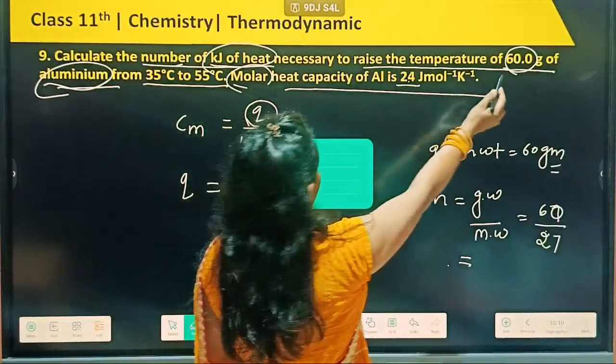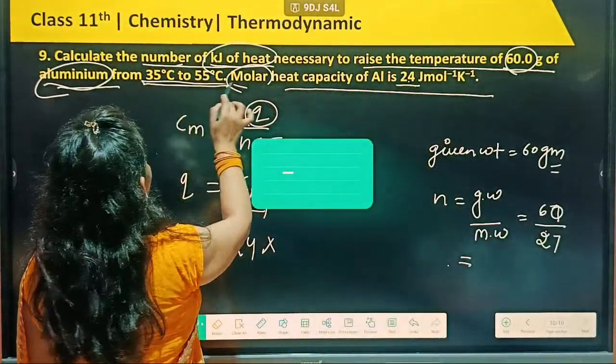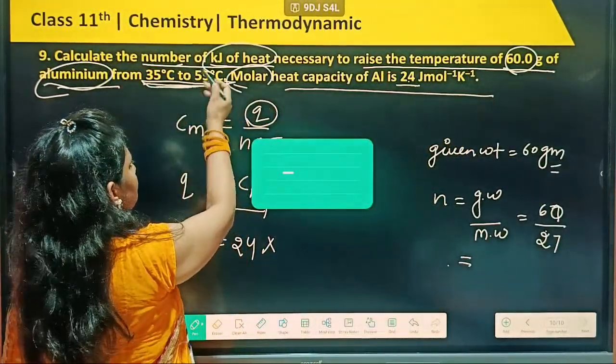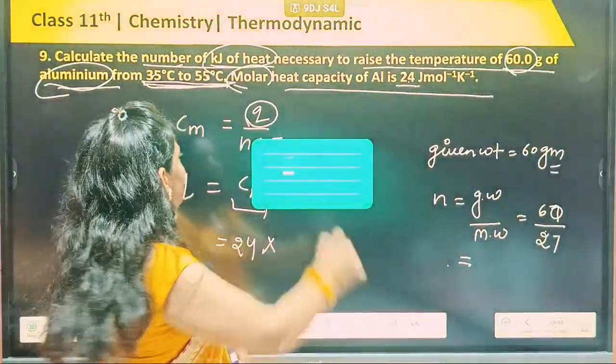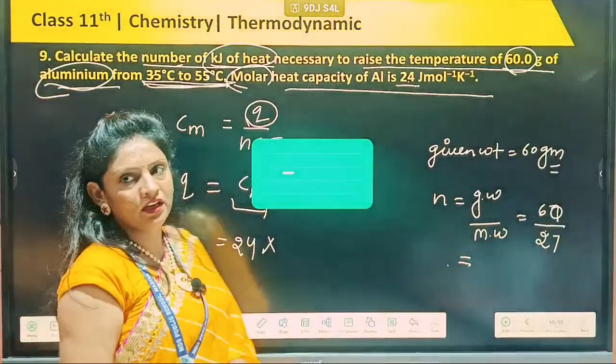Then students, del T. Here temperature 35 to 55, it is increasing. So T2 minus T1, 55 minus 35, 20 degree.